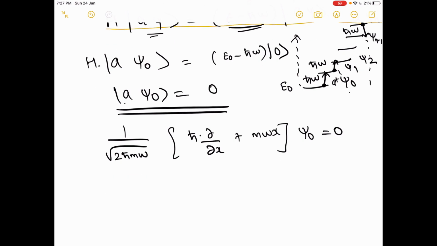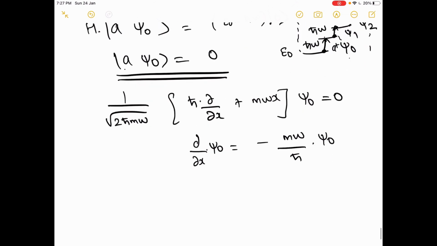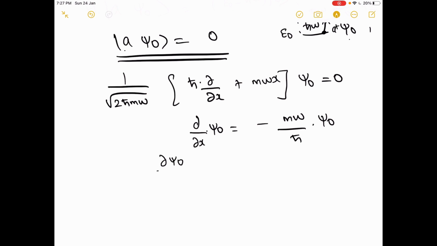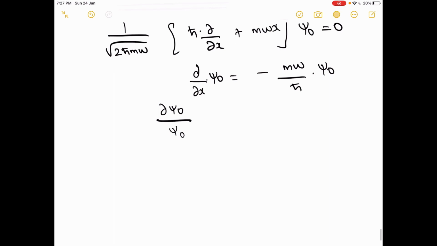So dou by dou x of psi naught is equal to minus m omega by h bar x psi naught, and the solution is dou psi naught by psi naught equal to minus m omega by h bar x dx.